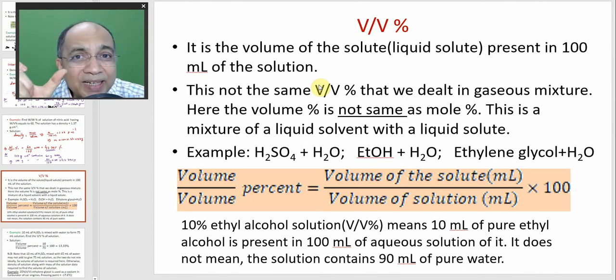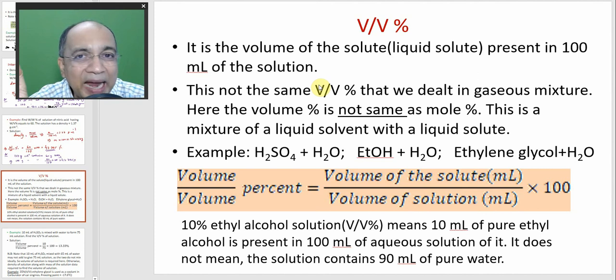When you add two liquids, they will mix thoroughly to form a homogeneous mixture, but the two volumes may not add to give you the final volume. For example, 50 ml of pure water when mixed with 50 ml of pure sulfuric acid, both liquids, will not result in 100 ml. 50 plus 50 is not 100 because the two have different densities.